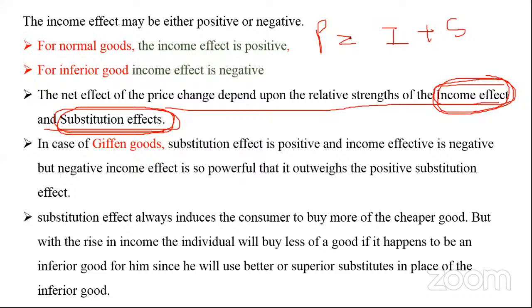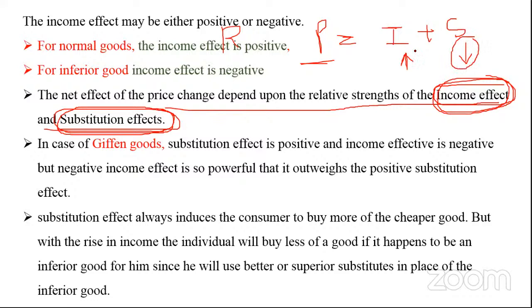For example, the income effect is positive for rice, the substitution effect is negative for rice. What about the price effect? The price effect is the summation of both.